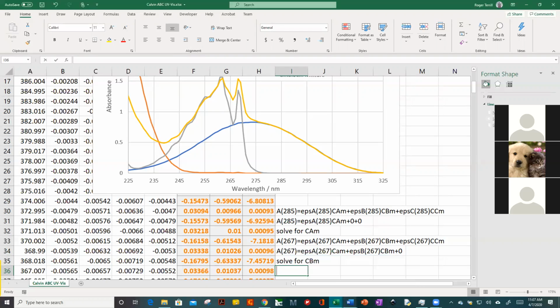And then let's say A at 230 equals epsilon A at 230 times C_A,M, plus epsilon B at 230 times C_B,M, plus epsilon C at 230 times C_C.